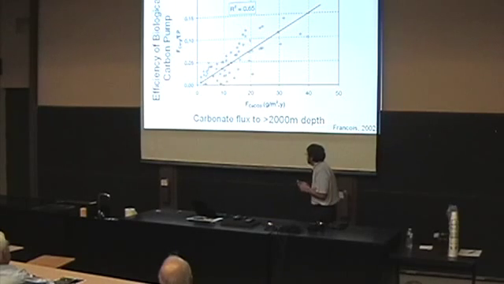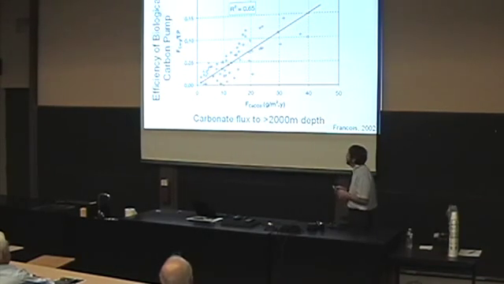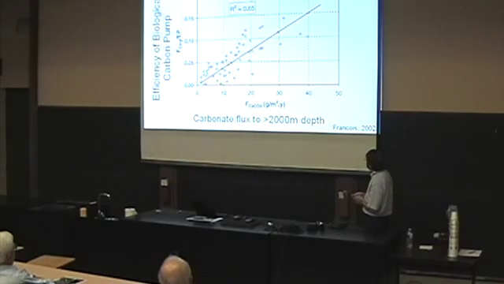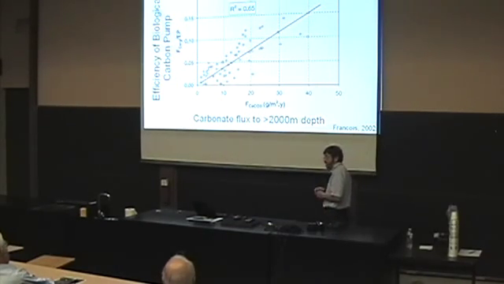And here's an important paper from biogeochemistry, this guy named Roger Francois, who published this in 2002, looking at the flux of calcium carbonate measured in sediment traps at 2,000 meters, and the efficiency of the biological pump. This is something like 89 different sediment trap results from around the world, and basically he saw this very nice relationship that the higher the flux of these carbonates, the higher the efficiency of the biological carbon pump.